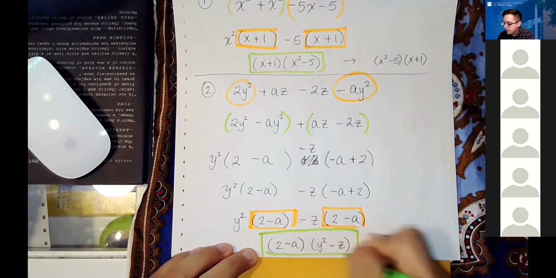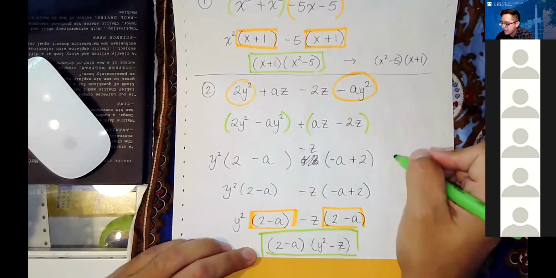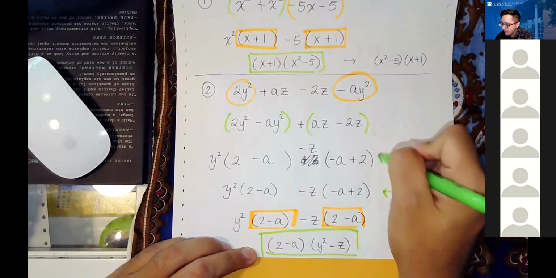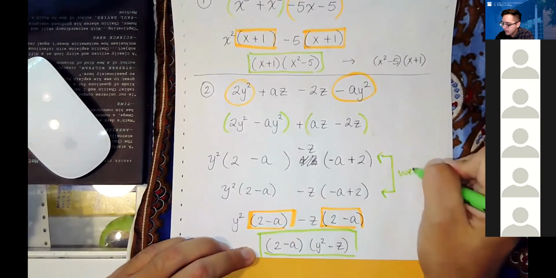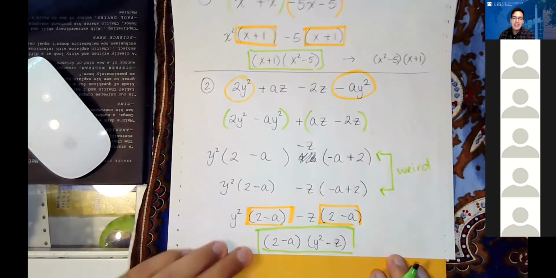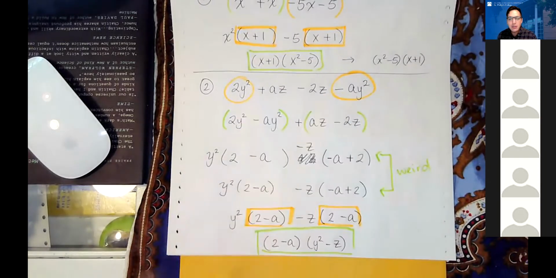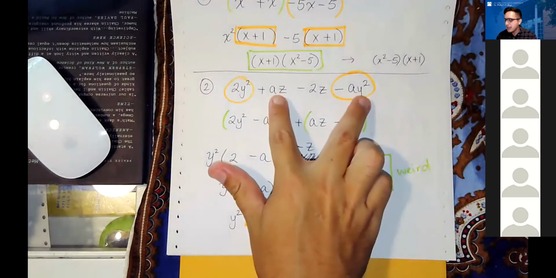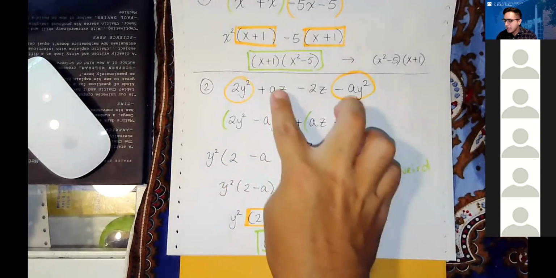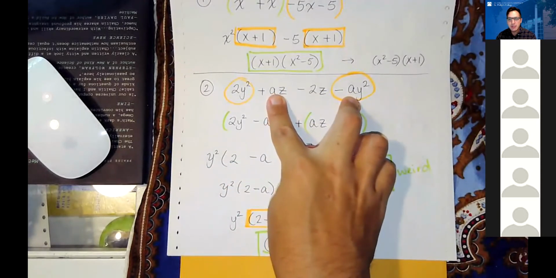But I'm sure that these steps right here seem really weird. And maybe none of that seemed natural to you at all, or none of it felt good. So what I'm going to suggest is that when those terms in the original polynomial are out of order, you want to swap the second and the fourth term.